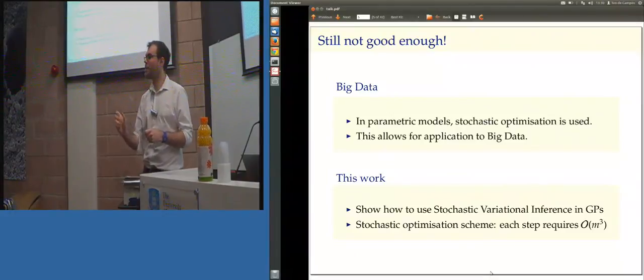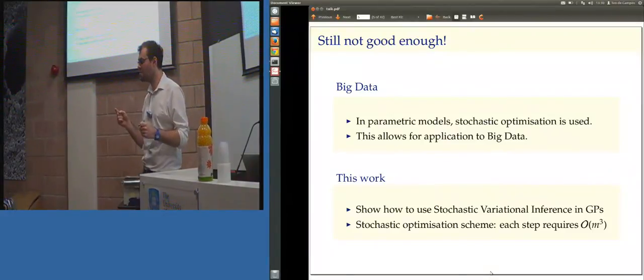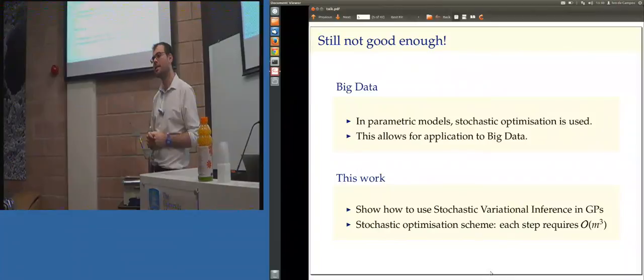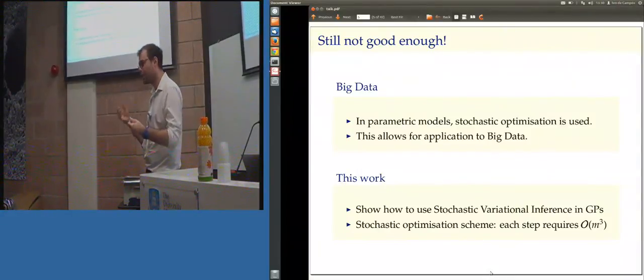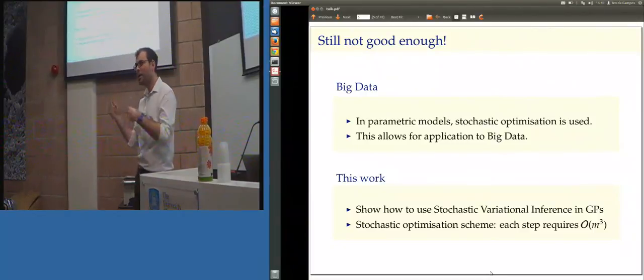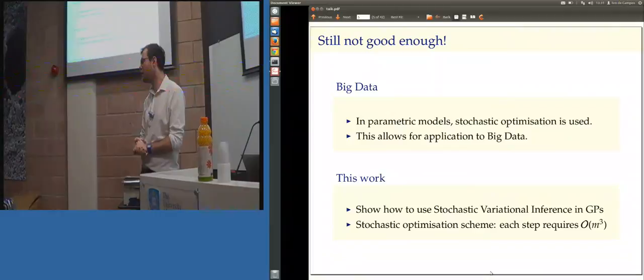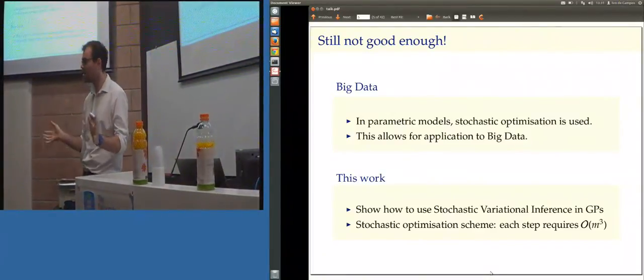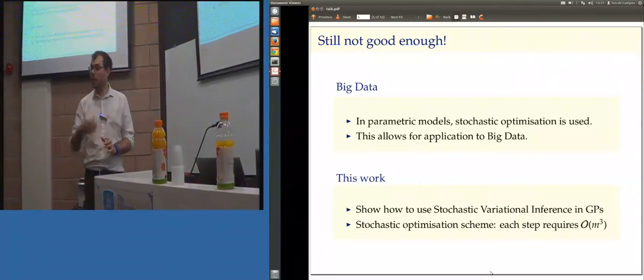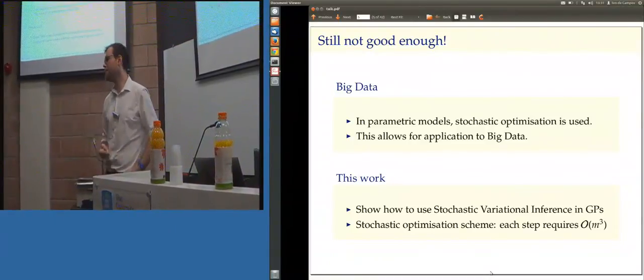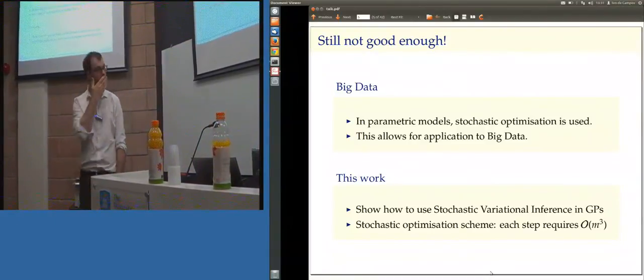So they can take a subset of the data points and just get an estimate of what the gradient is and move in the gradient direction, and then throw the data point away and get another data point, and then move their parameter vector again, and you can prove that this will converge to a local optimum in some way. And so you can do maximum likelihood estimation using practically no memory, because you only need to have a small number of data points in memory at any one time.